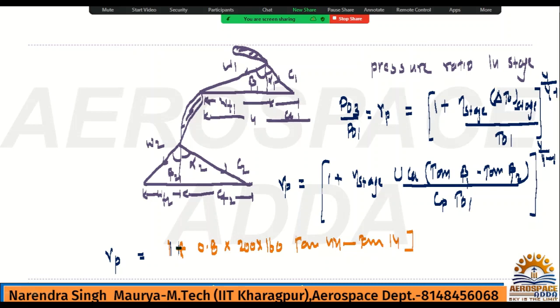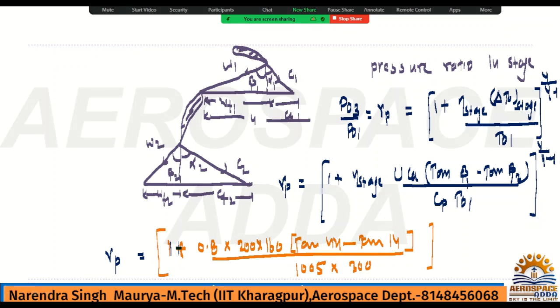Take this small bracket, divided by Cp, which is given as 1005, and T naught 1, which is in the problem itself, 300. The big bracket is raised to gamma upon gamma minus 1, where gamma is given as 1.4, so 1.4 divided by 1.4 minus 1. If you solve this, you will get your answer. The value you are getting is 1.23, after calculation.